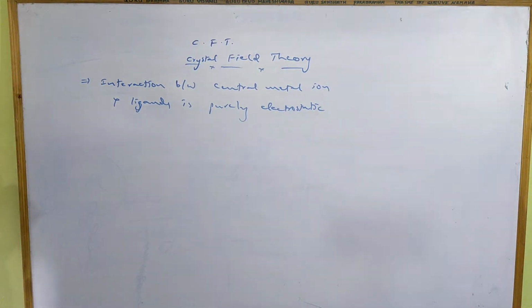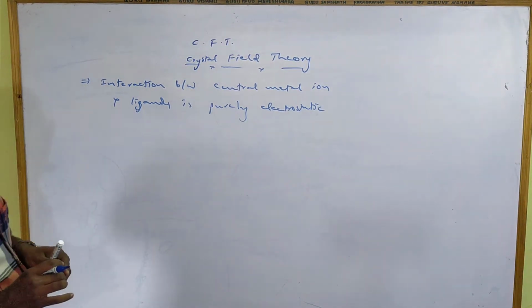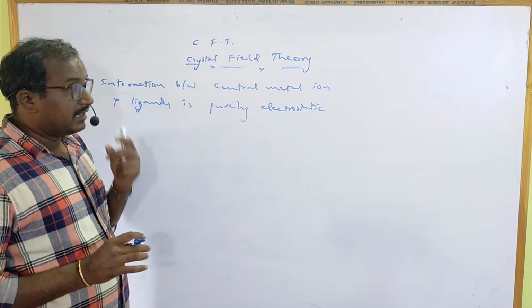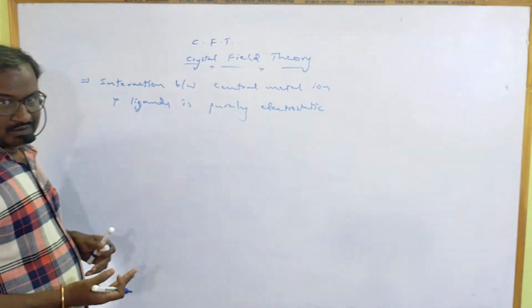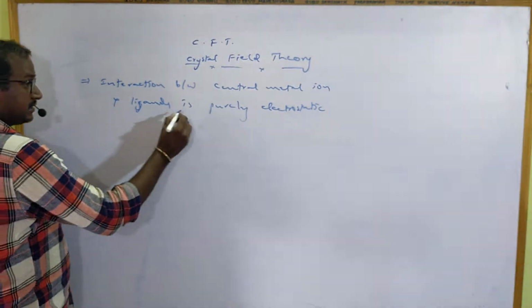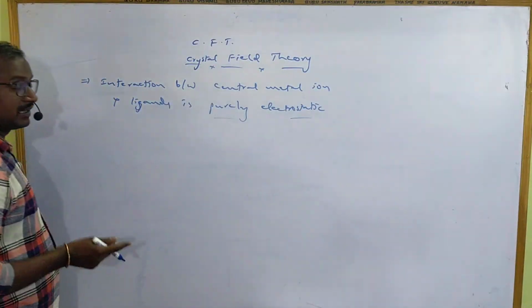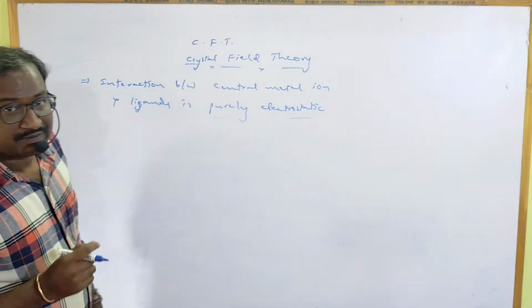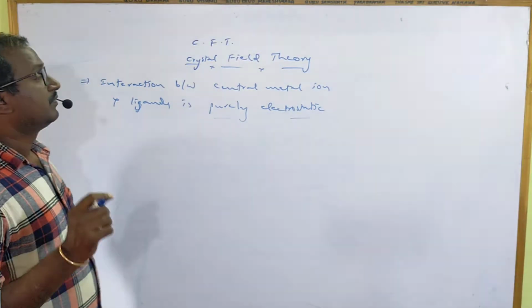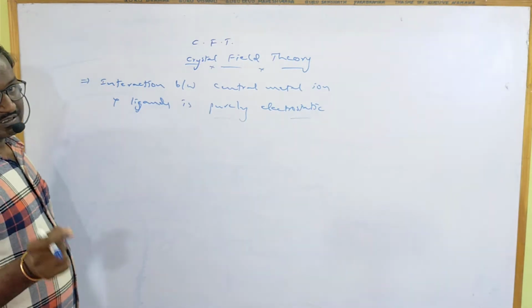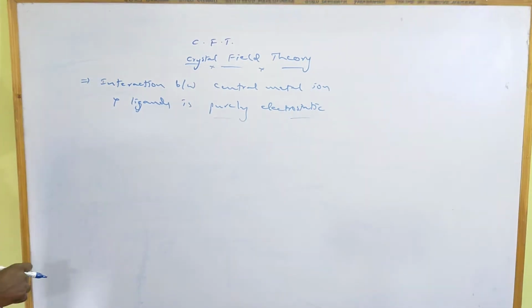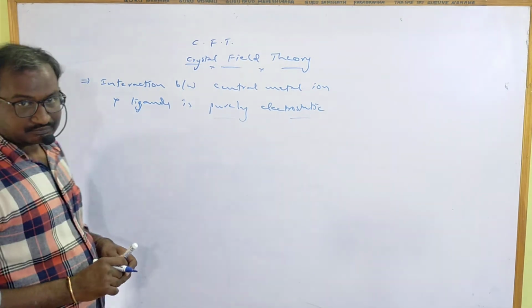It means there is an electrostatic attraction between the ligands and the central metal ion. Whereas in valence bond theory, we have orbitals, hybridization and geometry, here we do not have that type of thing.